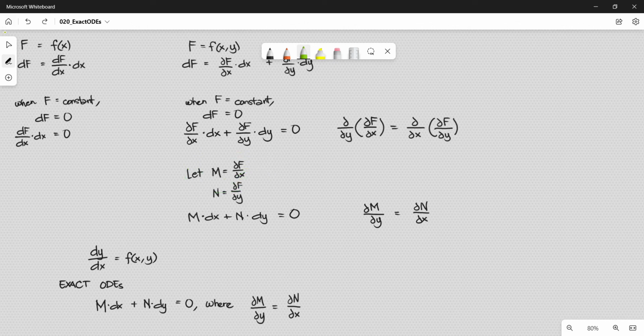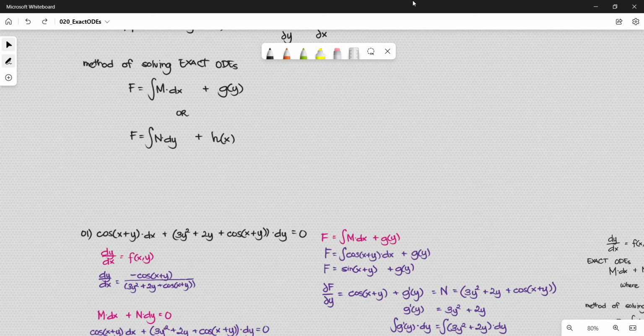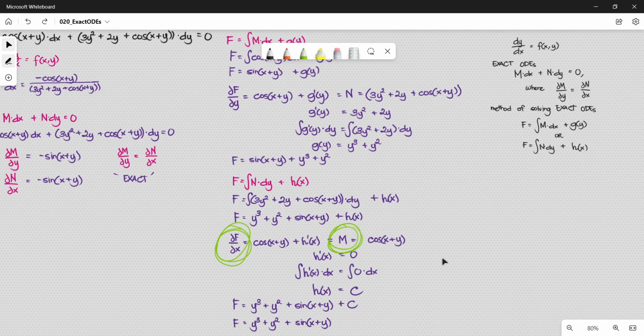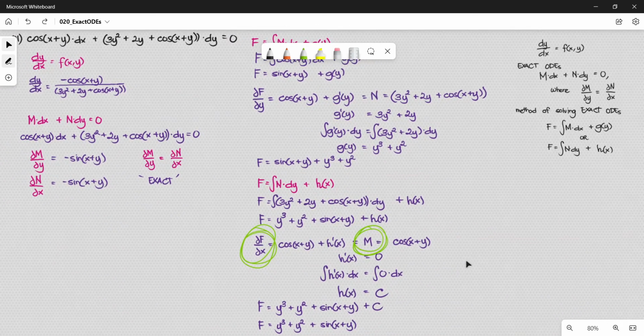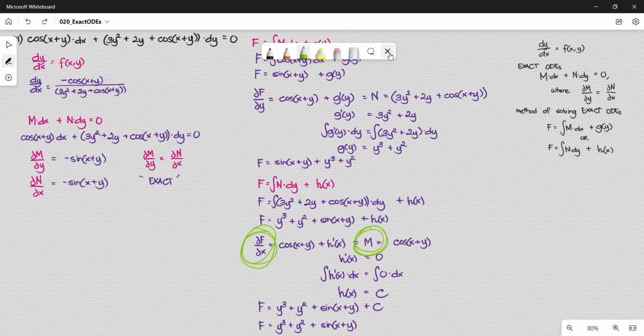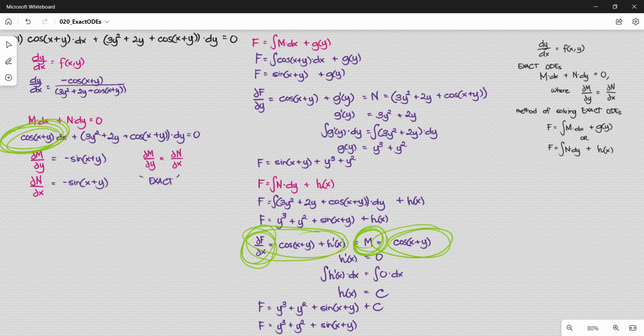So, balik tayo sa baba. Partial derivative of f with respect to x equals sa m. So, isulat natin yung m dito. Yung m natin is cosine x plus y. So, dyan natin makikita kung ano yung value ng h prime of x. Magka-cancel ito at ito.